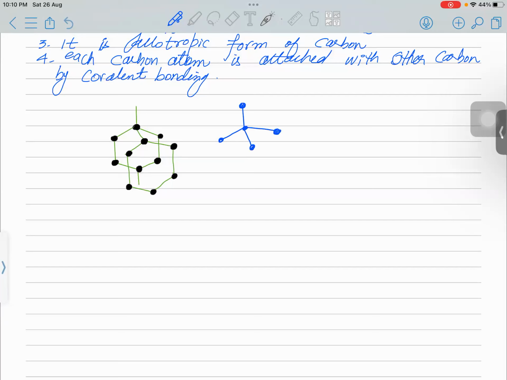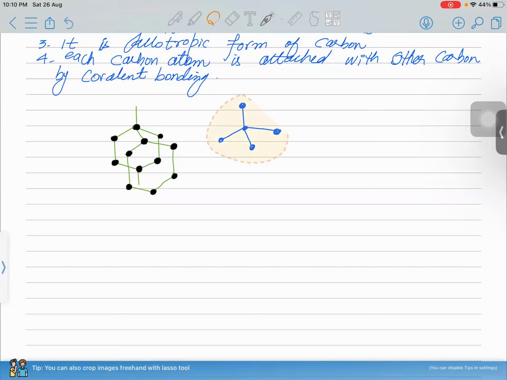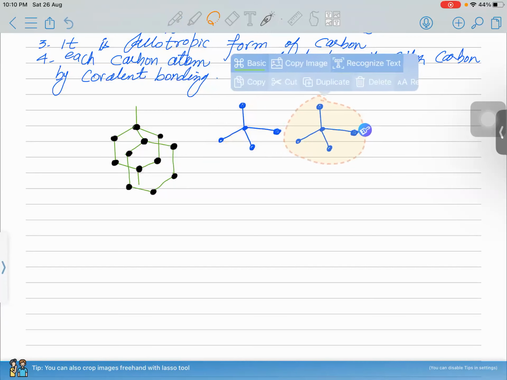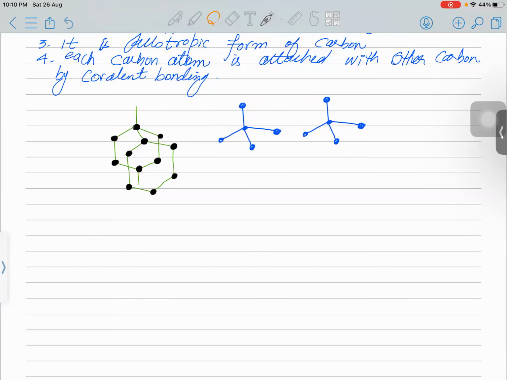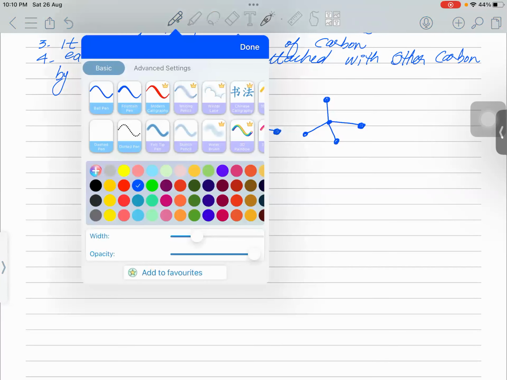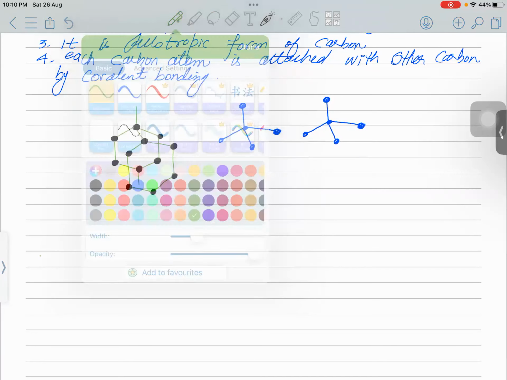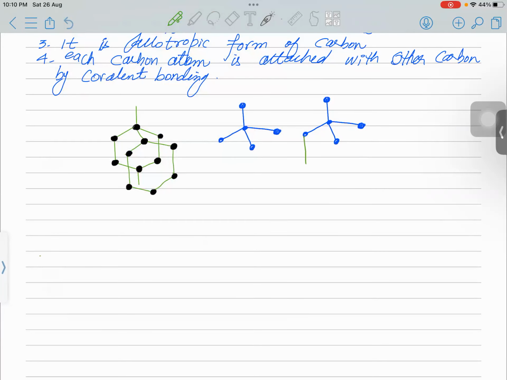This is the first step, right? In the second step, three bonds are formed. This is the first one, this is the second, this is the third.